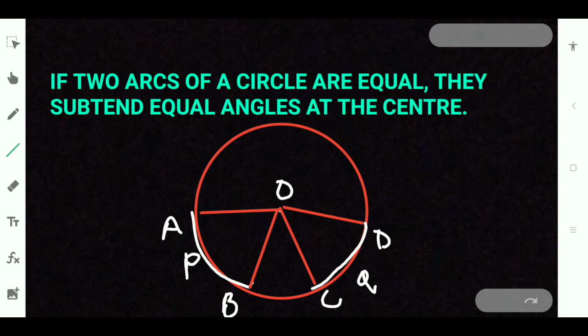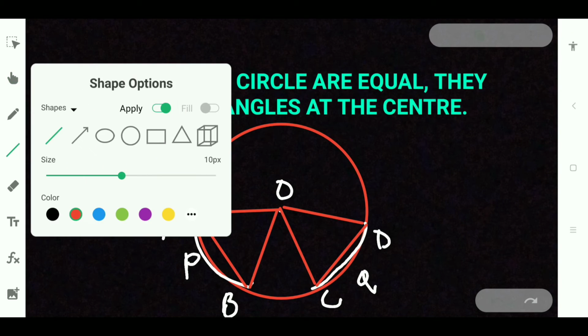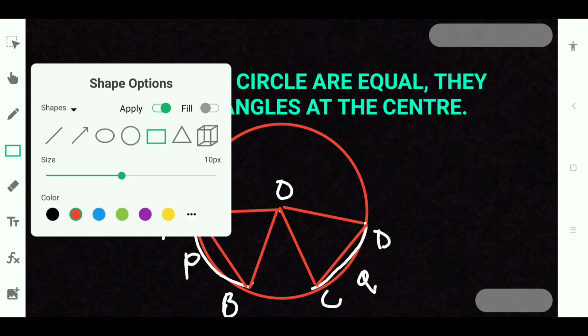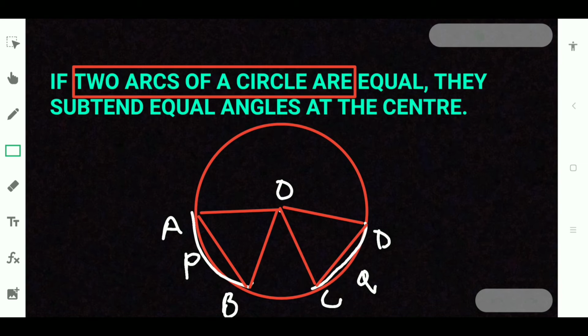Now for this also we will be doing the small construction, that is joining AB and CD respectively. Now here it is already given that two arcs of a circle are equal.